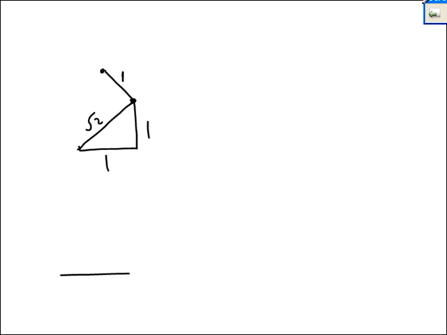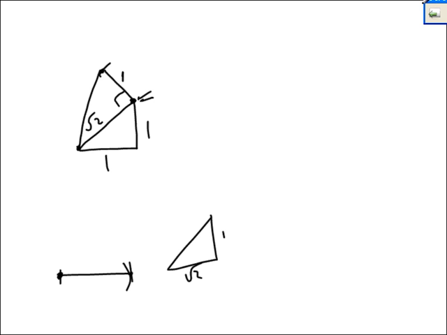I know, because I have my 1 unit. Anytime I need 1 unit, I put my compass needle here, and I open the pencil mark to there. Then I put my compass needle here, and I mark it off. That's 1 unit. Well, when I connect the dots, that's square root of 3.